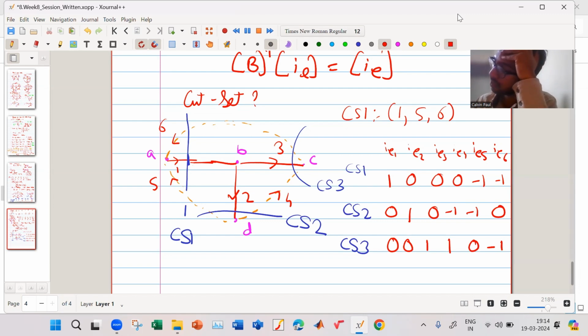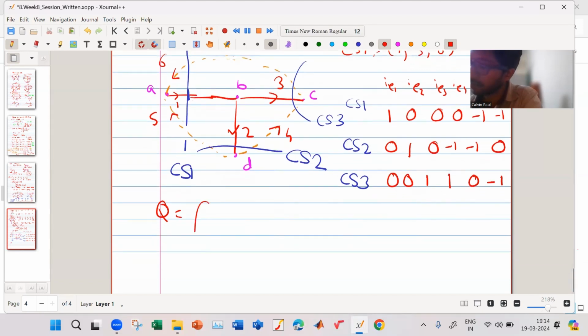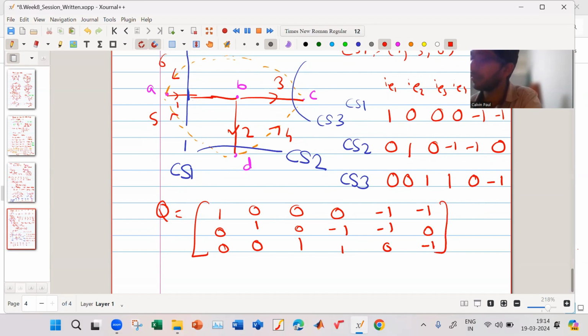Fine. So now, this is my cut set matrix. My cut set matrix is given by 1, 0, 0, 0, 1, 0, 0, 0, 1, 0, -1, 1, -1, -1, 0, -1, 0, -1. Okay. So, what is the dimension of this? 3 cross 6.